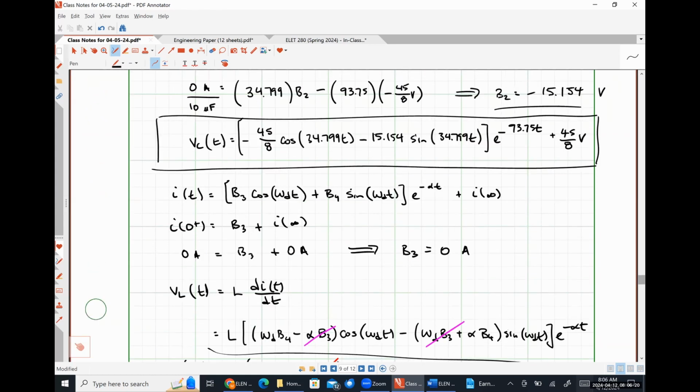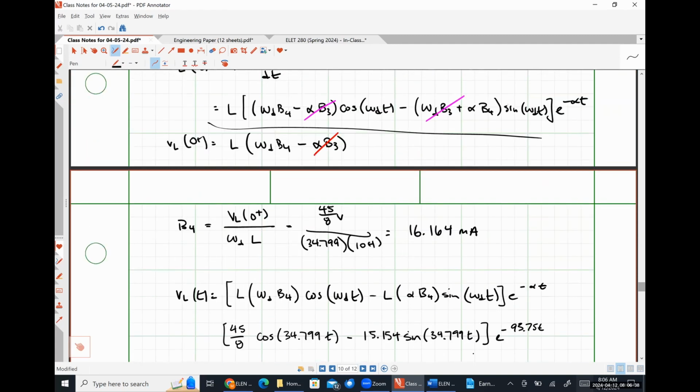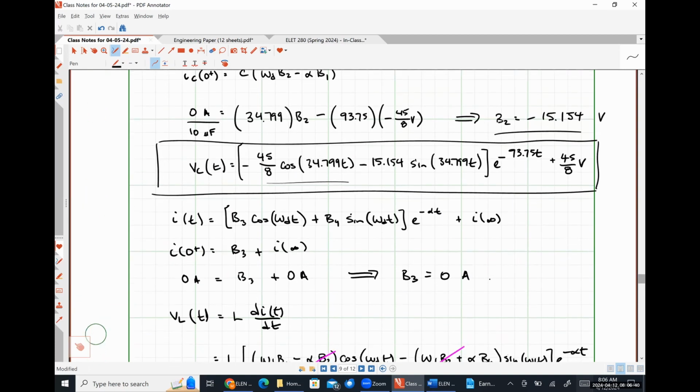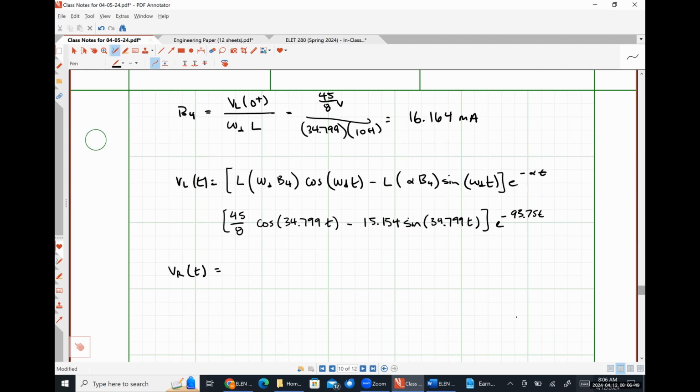We see up here that VC has a term of negative 45 over 8 cosine 34.799, and VL has positive 45 over 8 cosine 34.799. So those are going to cancel each other out, obviously, and we're not going to have a cosine portion at all. For our sine bit, we have negative 15.154 and another negative 15.154, so I'm just going to take that by 2.